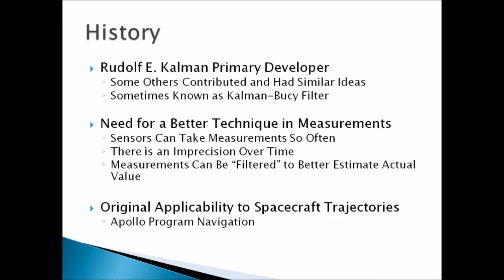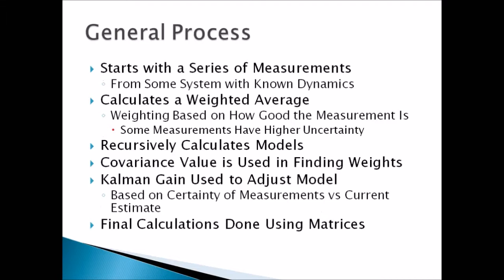Now, the original application of Kalman filtering was to spacecraft trajectories. Kalman noticed the need for better navigation on the Apollo program, and that's kind of what led to the development of the Kalman filter. It's actually used today on the ISS as well.